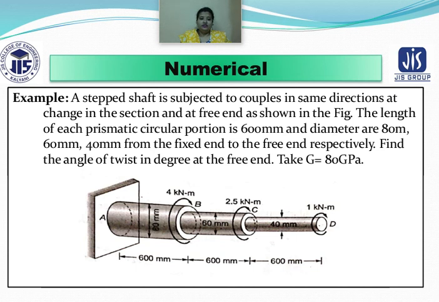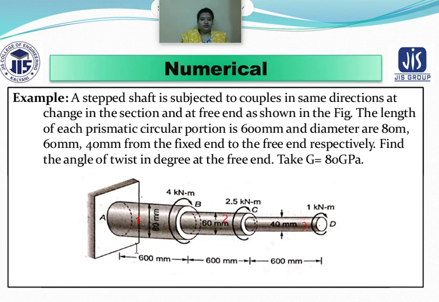Find the angle of twist in degrees at the free end, taking G equal to 80 gigapascal. This is shaft number 1, this is shaft number 2 and this is shaft number 3.